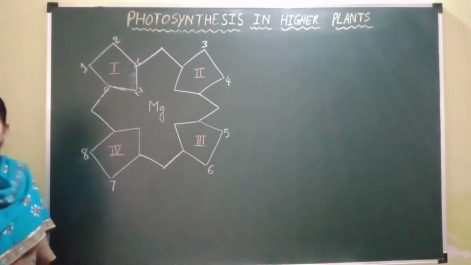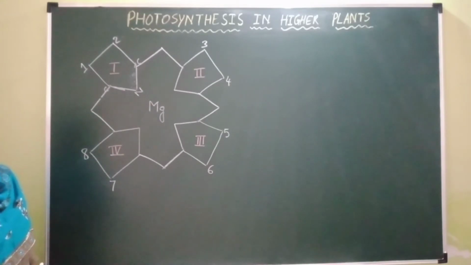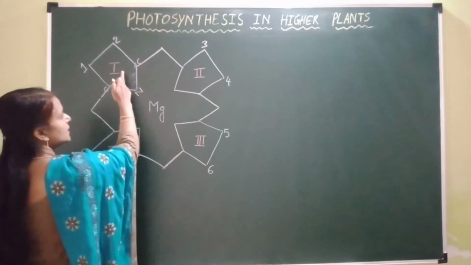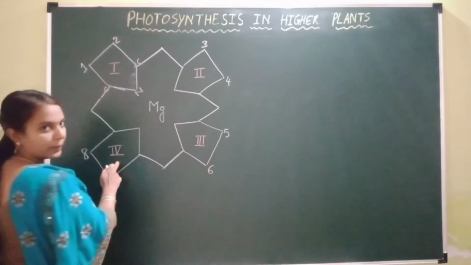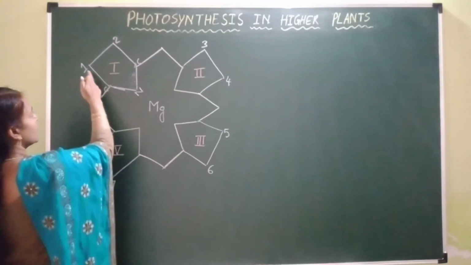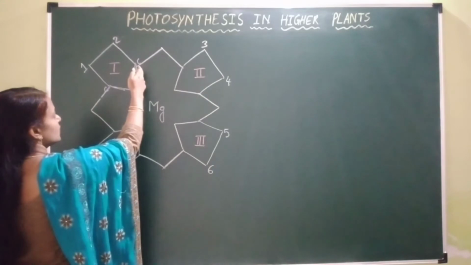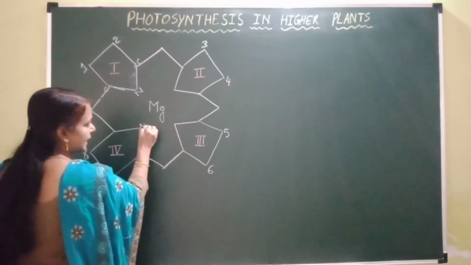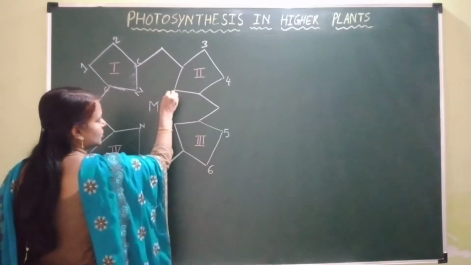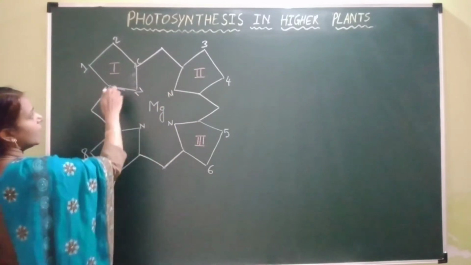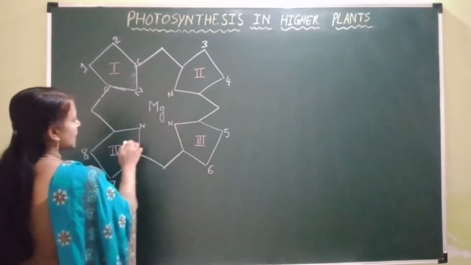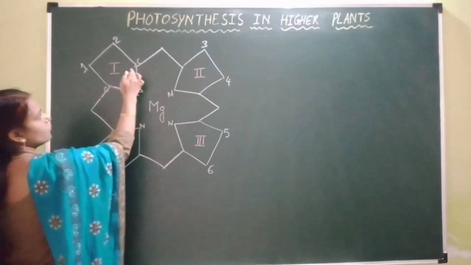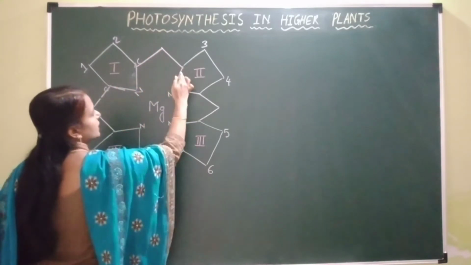So head of the chlorophyll A, that is porphyrin head, is made of 4 pyrrole rings, 1, 2, 3 and 4 pyrrole rings, and each pyrrole ring consists of 4 carbon atoms towards periphery and 1 nitrogen positioned towards the center.